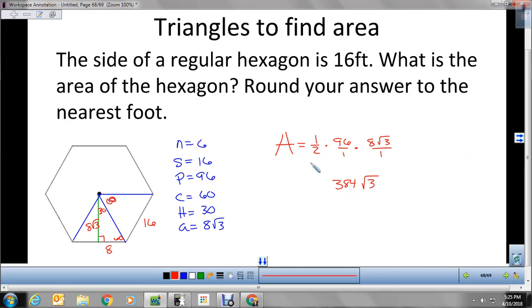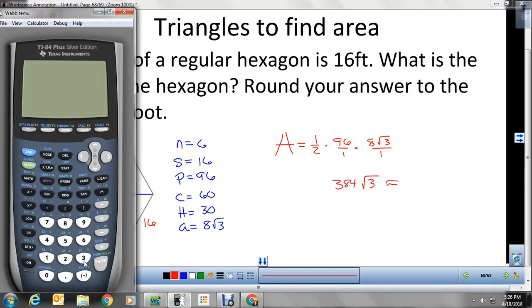Now, multiply it out. Area is equal to 1/2 96 times 8 radical 3. I put these over 1 so it's a fraction, but you can just take 96 times 8 divided by 2, and that number becomes 384 times radical 3. Now, the last part, we're going to calculate the decimal. So we'll take 384 times radical 3.